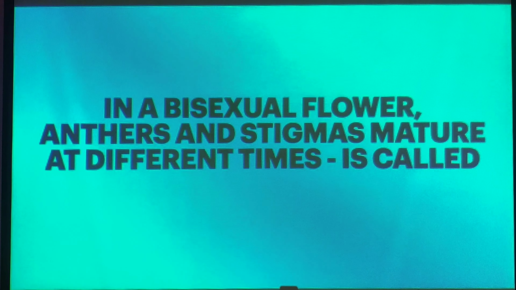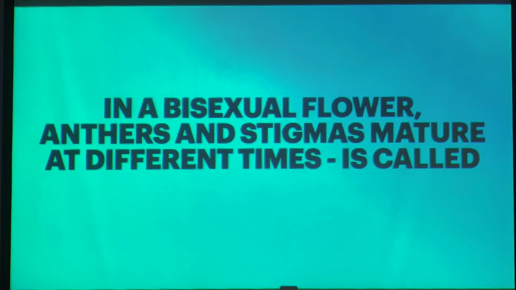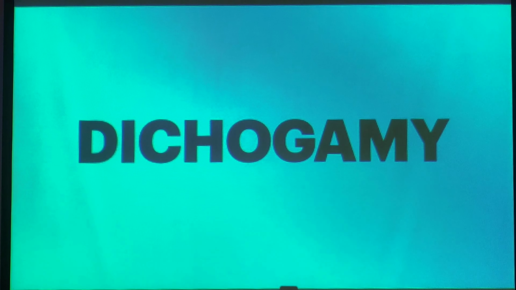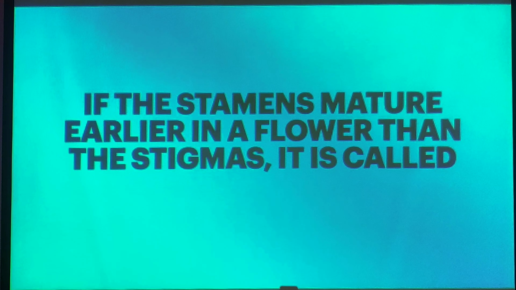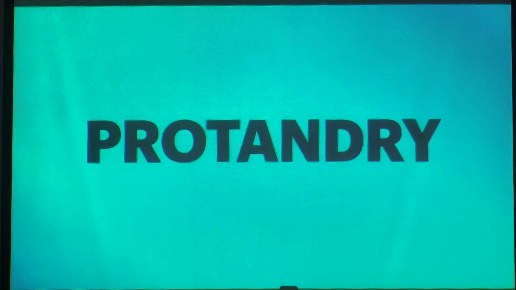Dioecious plants. In a bisexual flower, anthers and stigma matured at different times is called dichogamy. If the stamens mature earlier in a flower than the stigmas is called as protandry.